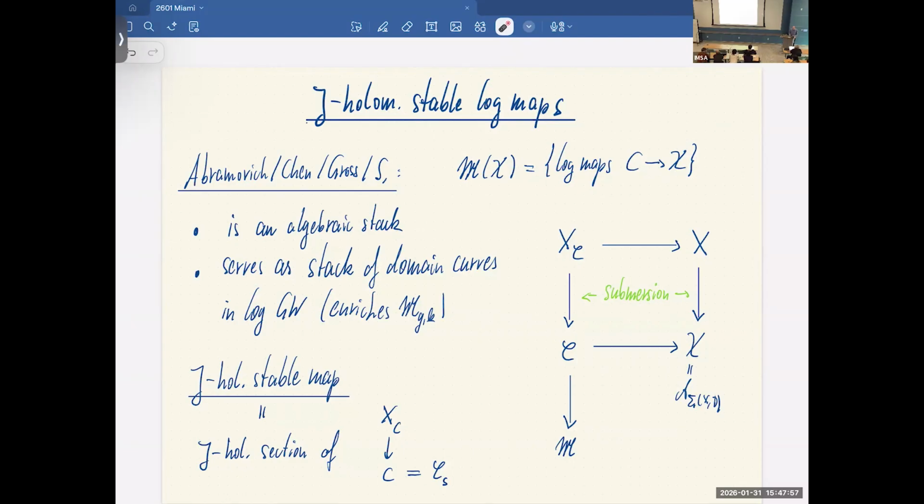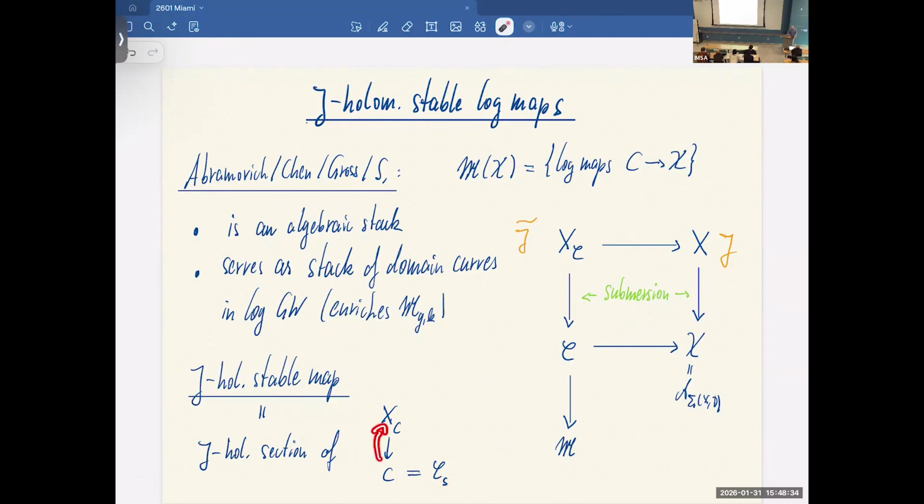So then what is a J-holomorphic stable map? Well, this is all holomorphic, but it comes with a fiberwise almost complex structure that is induced from the J here and the C here. So I assume I have a J here, and then I can pull it back to some J tilde, and I can ask, when is a section of this, so let's take a fiber here, let's call it C. This is a fiber of this map over some little point S in M bar.